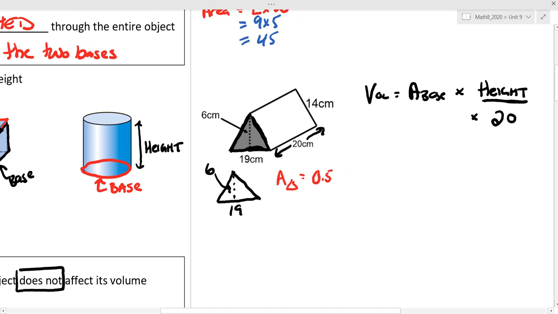And the height is 20? No, it's 12. Nope. You've got to focus on what you're doing with the triangle. The base of the triangle is the 19. What's the height of the triangle? If you draw it out, the height is the distance between its base and its vertex. So it'll be the 6.